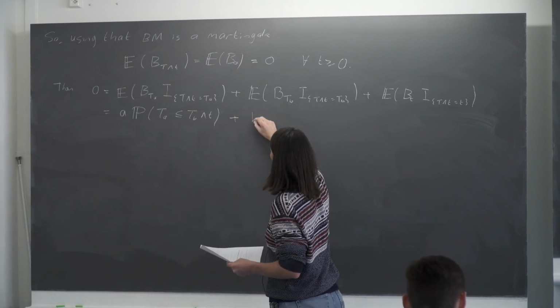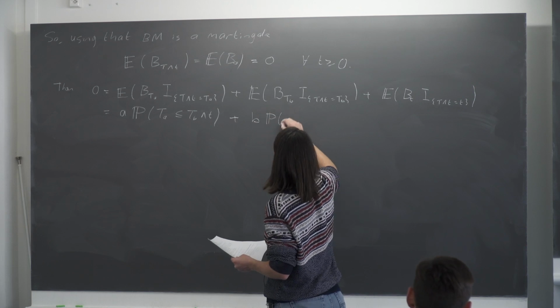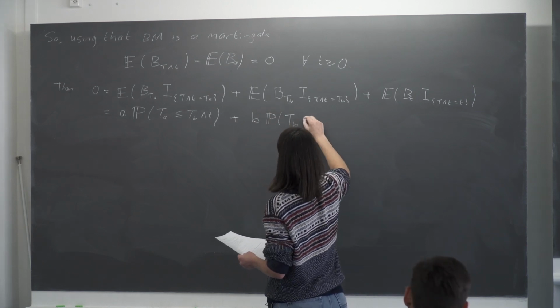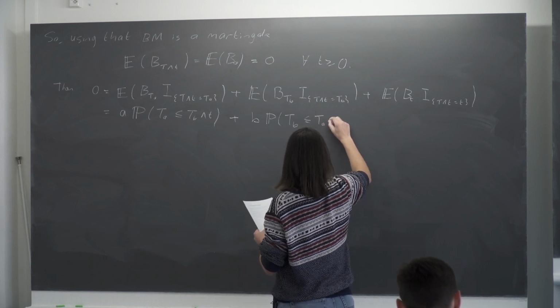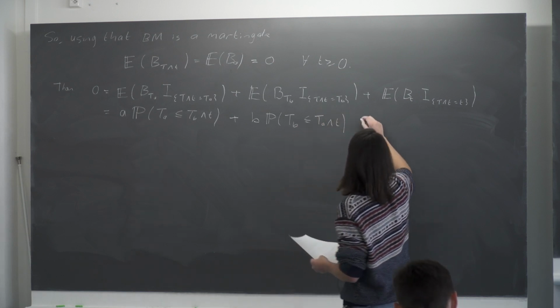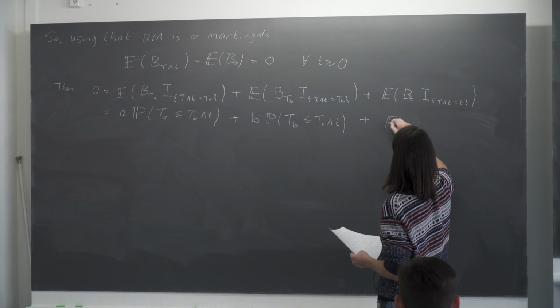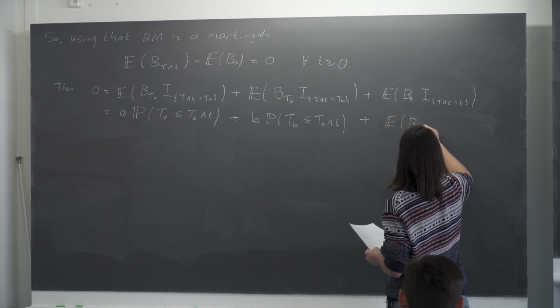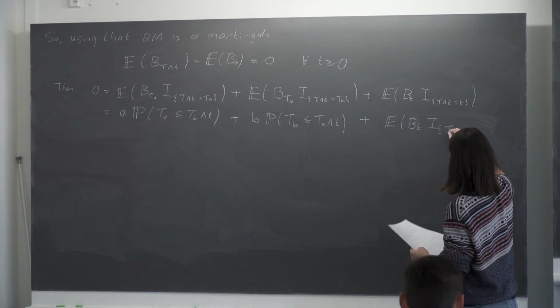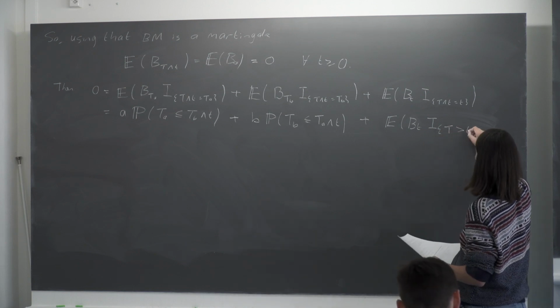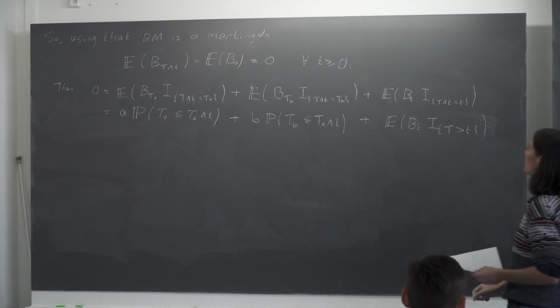Similarly, this is equal to B times the probability that T_B is less than or equal to T_A ∧ t. And this one is equal to the expected value of B_t times the indicator function that T happens after time t.